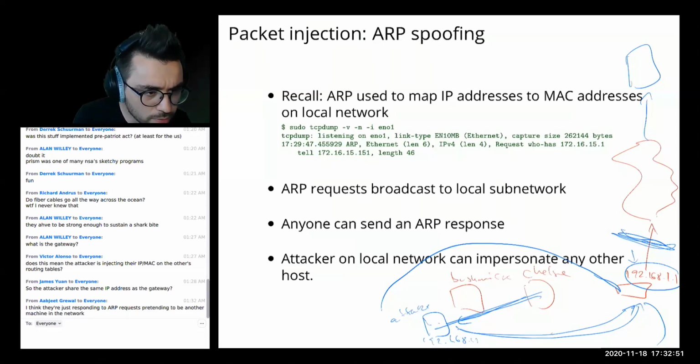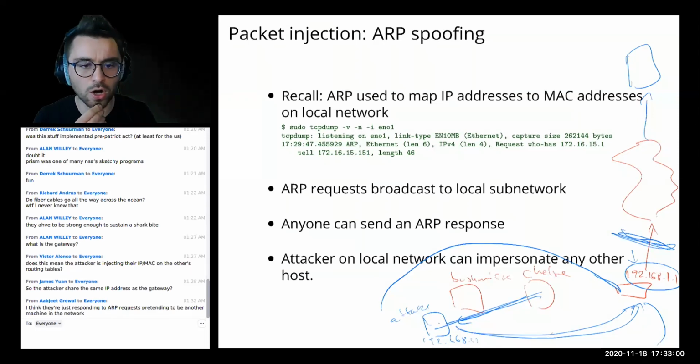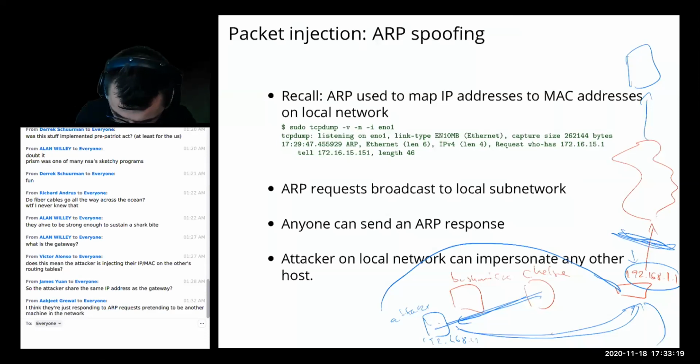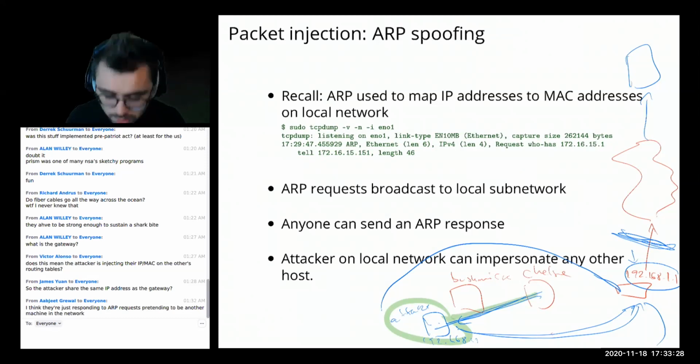Sorry. Okay. Is that a question, or are you responding to something else? Right, so with ARP, all we're saying is, hey, I actually am this machine that has this IP address. So if I've gotten your machine to believe that the IP address of the gateway, which is 192.168.1.1, has a MAC address that corresponds to the attacker, then on the wire we're going to send Ethernet frames to this machine, because that's the machine that has the MAC address.